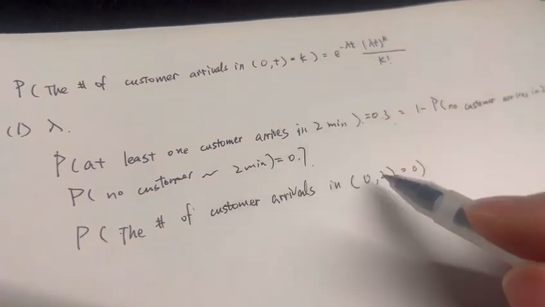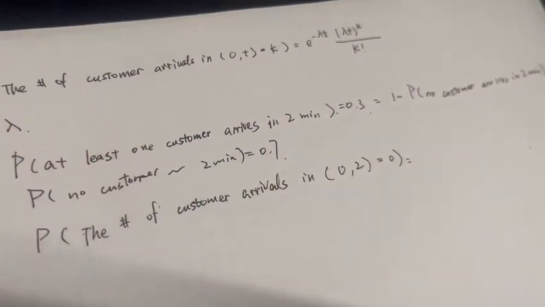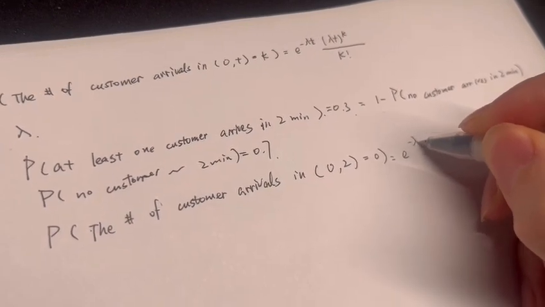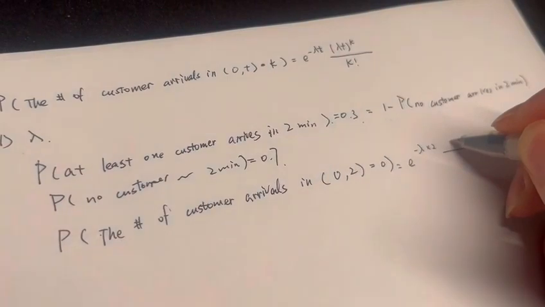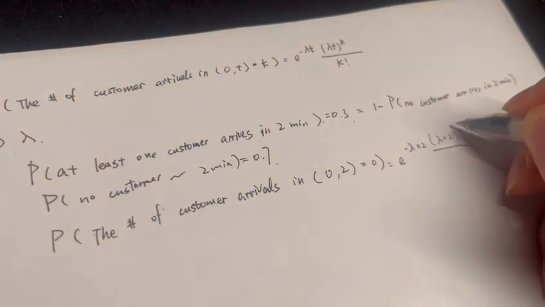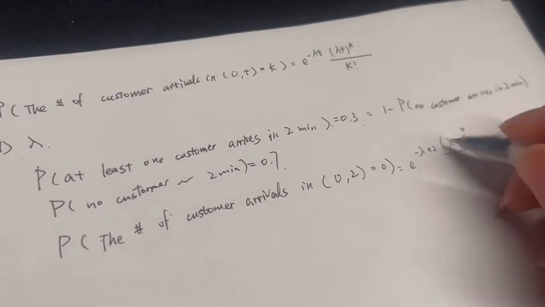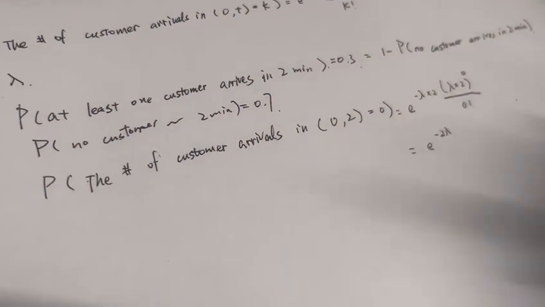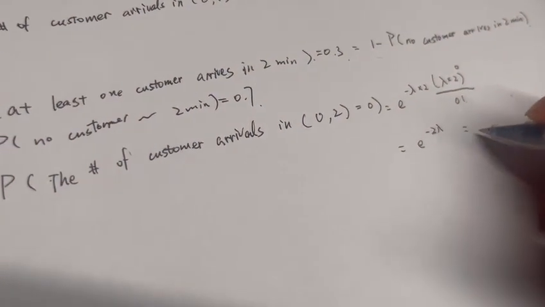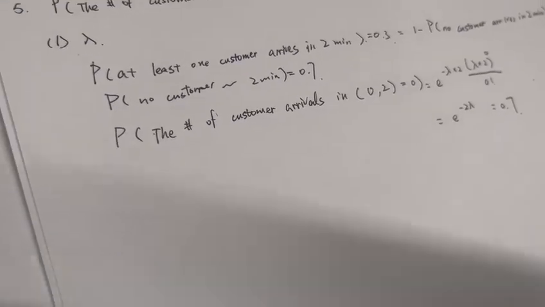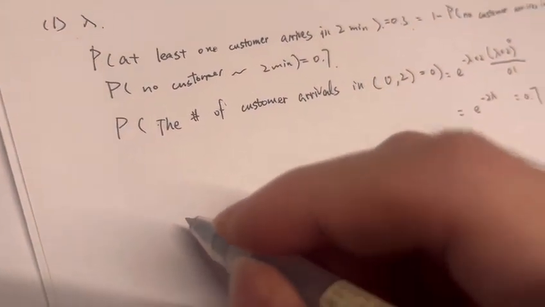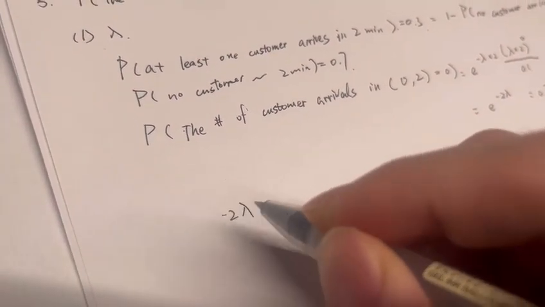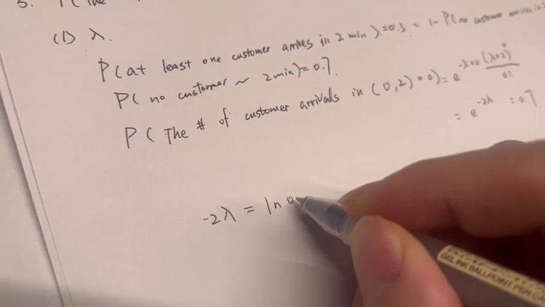We set t equals 2 and k equals 0, and put the values into the equation: e to the power of negative lambda times 2, times lambda times 2 to the power of 0, over 0 factorial. This equals e to the power of negative 2 lambda, which equals 0.7. Taking ln of both sides, negative 2 times lambda equals ln 0.7.